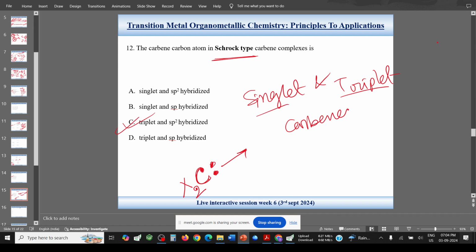For the electron we generally indicate like this: upward can be plus half and downward will be minus half. What will be the orientation of these two electrons in the singlet state and the triplet state? Do you know?